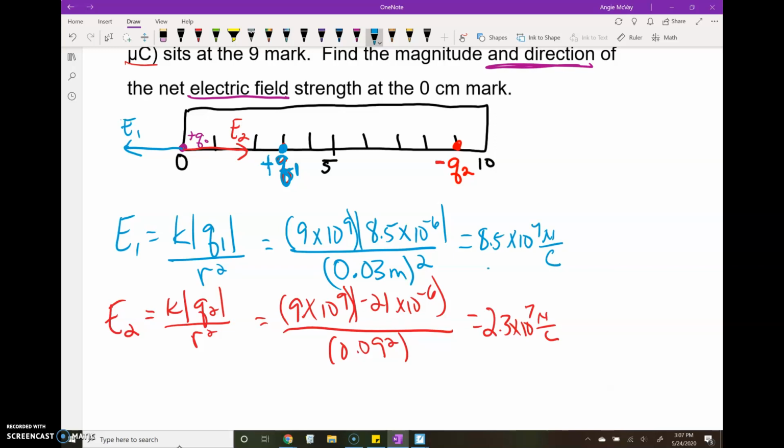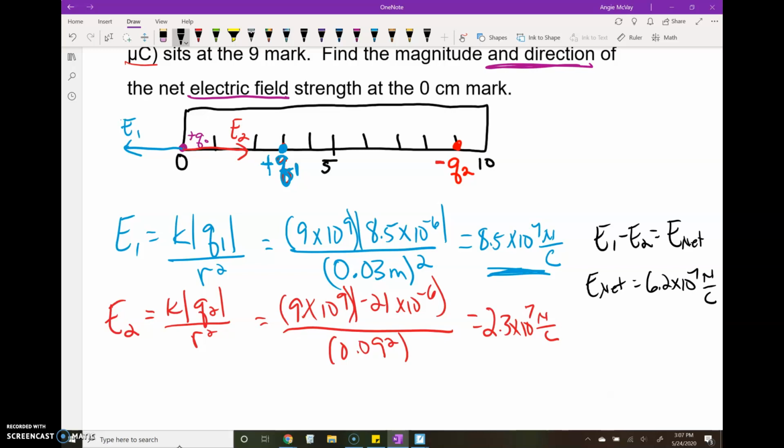All right, and so that shows us that the electric field due to charge 1 is larger, right? And then if we subtract E1 minus E2, that will give us the net electric field, and that is 6.2 times 10 to the 7 newtons per coulomb.